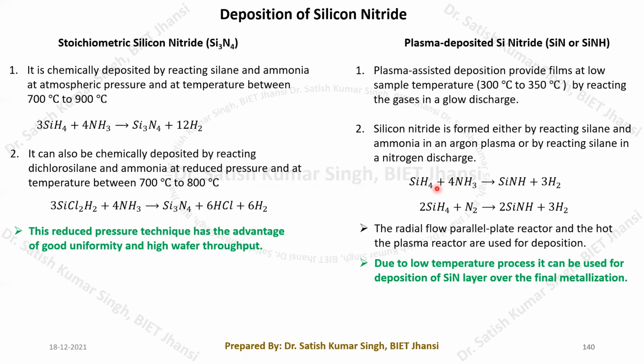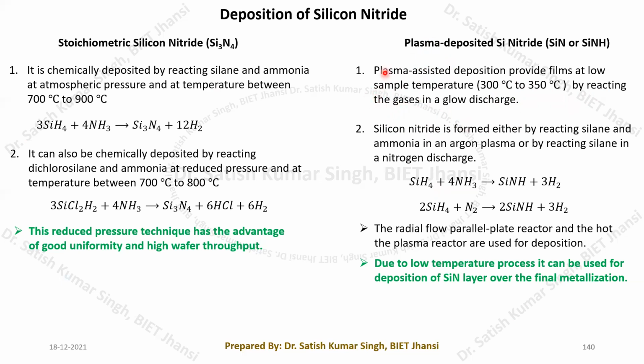So even at a low temperature, from 300 to 350 degrees centigrade, due to the glow discharge inside the gases, like the argon that we use as the plasma source.